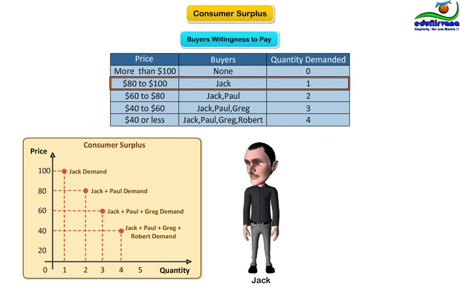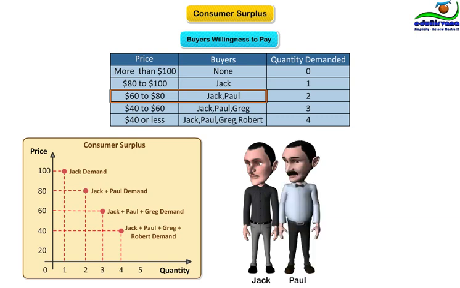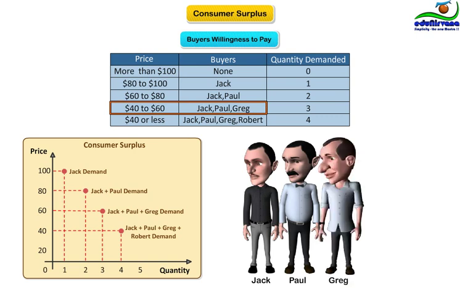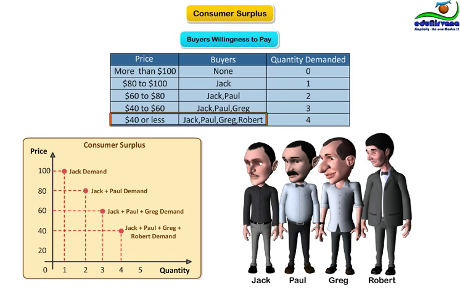For the price range between $60 and $80, both Jack and Paul are ready to buy and the quantity demanded is 2. For the price range between $40 and $60, Jack, Paul, and Gray are ready to buy and the quantity demanded is 3. For a price less than $40, all the buyers, Jack, Paul, Gray, and Robert, are ready to buy and the quantity demanded is 4.